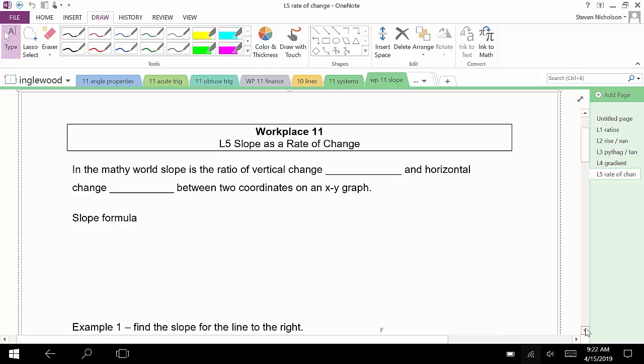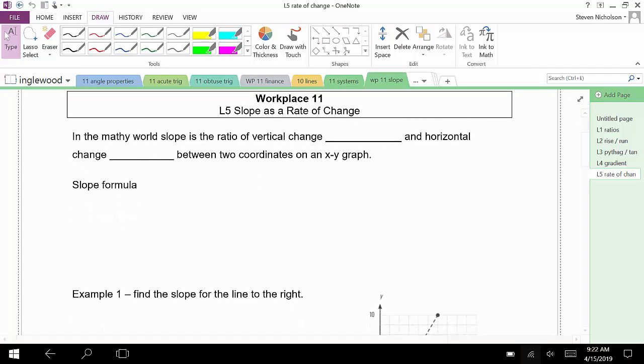The last lesson in this unit, looking at slope, is slope as a rate of change, which is probably the most mathematical way of thinking about slope. So in the math world, slope is the ratio of the vertical change, and I'm going to change the symbol to delta y, and the horizontal change, delta x, between two coordinates on an xy axis.